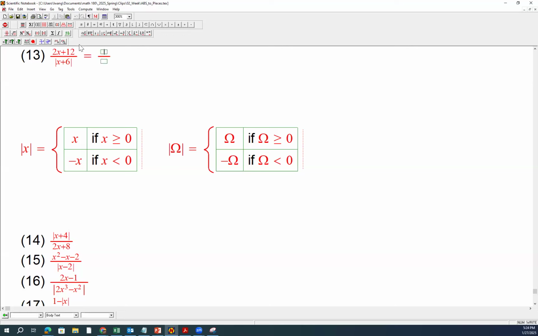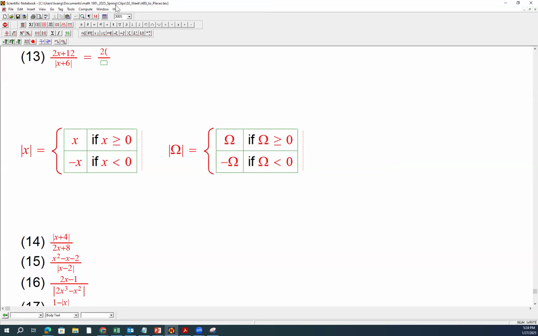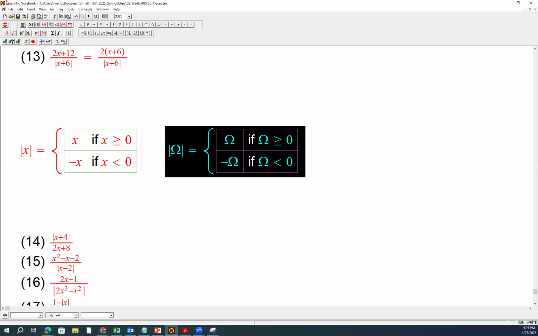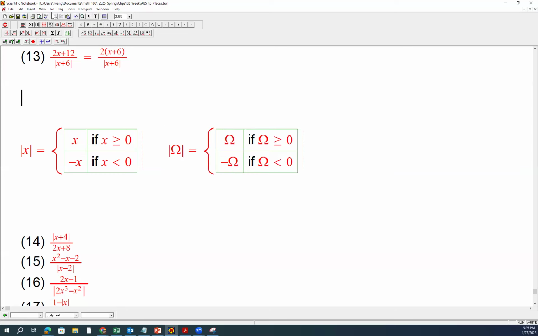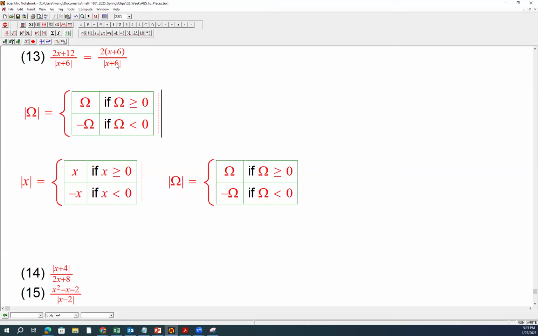On the numerator is 2 times x plus 12, so if you factor, you get 2 multiplied by x plus 6. The denominator stays the same. We have to take care of the denominator, the absolute value of x plus 6. X plus 6 is in the place of omega.